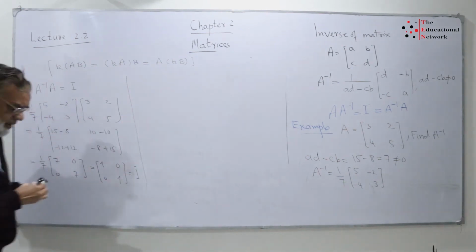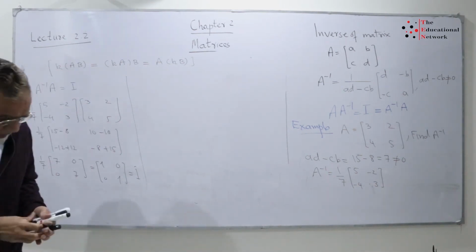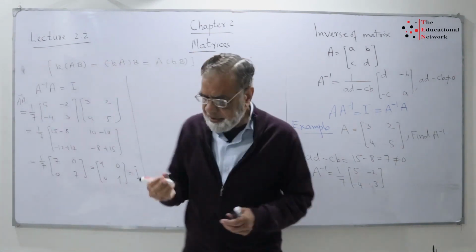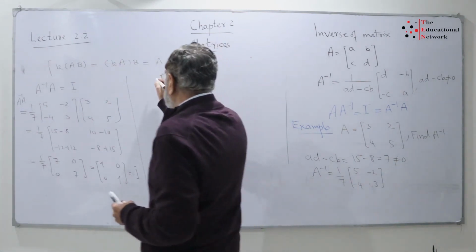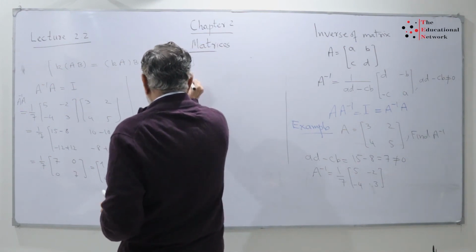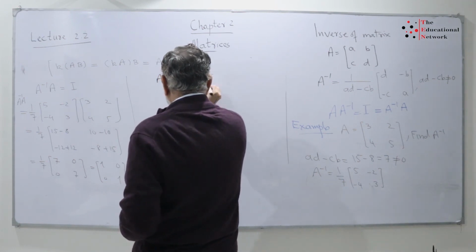The second part is that we take our A and multiply it by A inverse. So my A is equal to 3, 2, 4, 5.